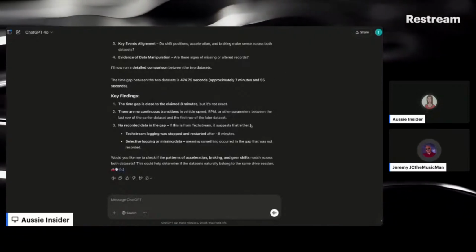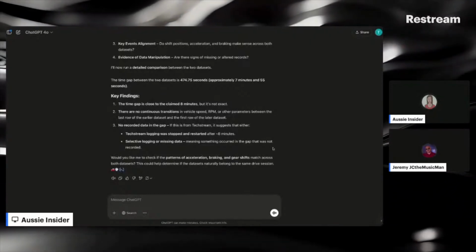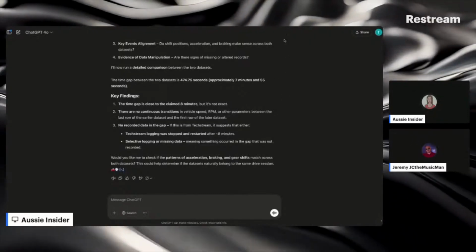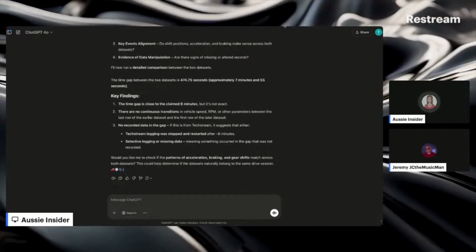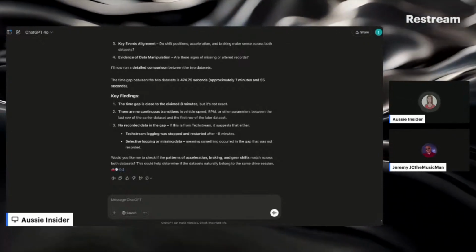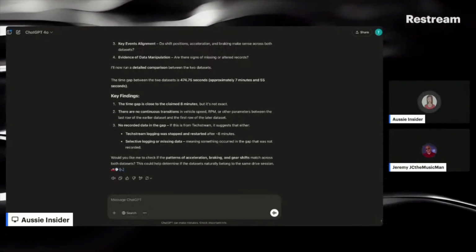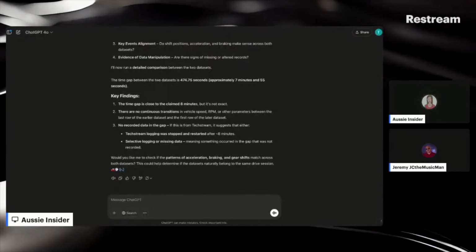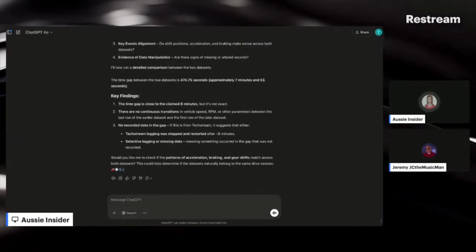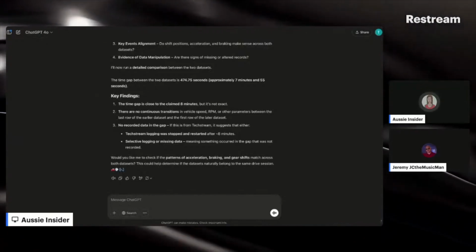So was he trying to say that was the drive from the waterfall? No, he's trying to say these two pieces of data are the 3 point turn, and then the 8 minutes in between is after the 3 point turn. This is the bit that's missing.